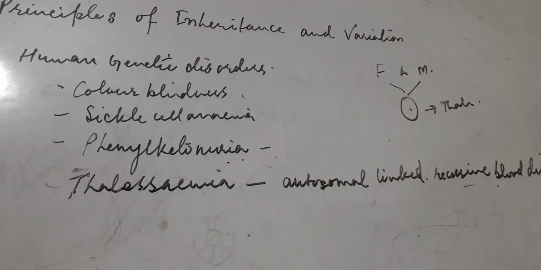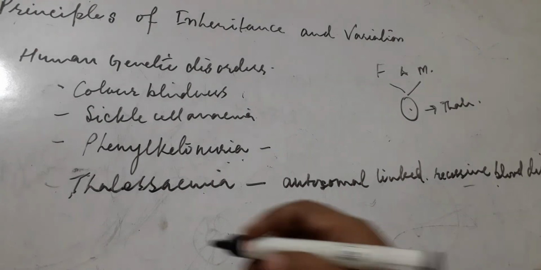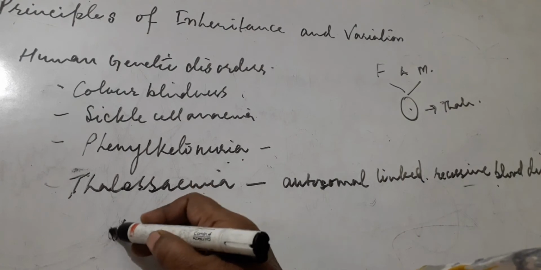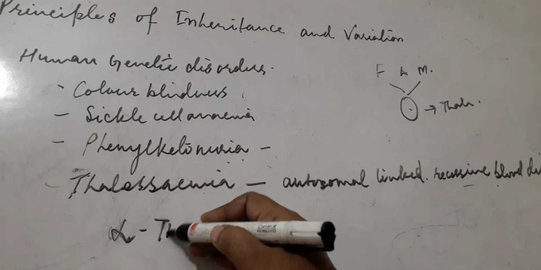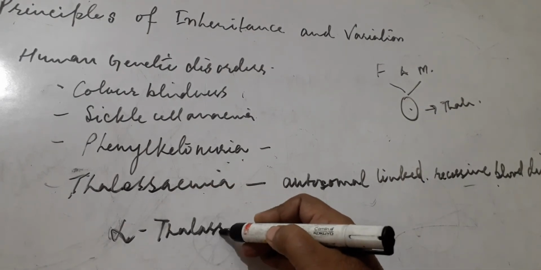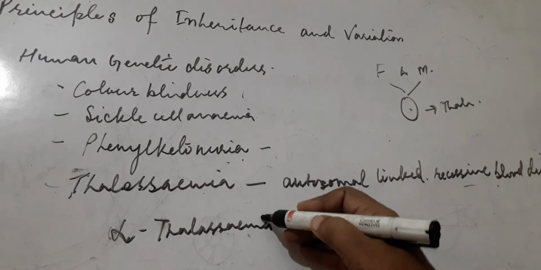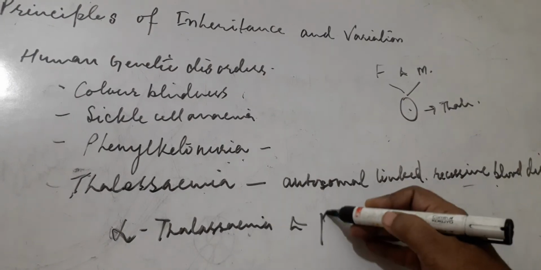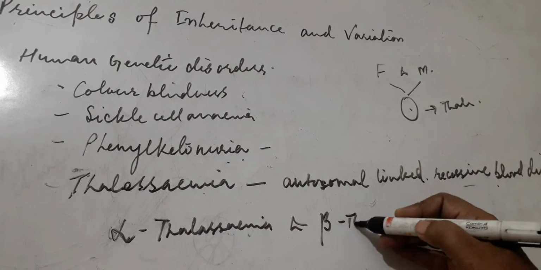On the basis of the chain affected, it is classified into alpha thalassemia and beta thalassemia.